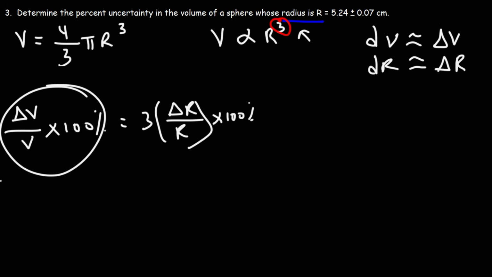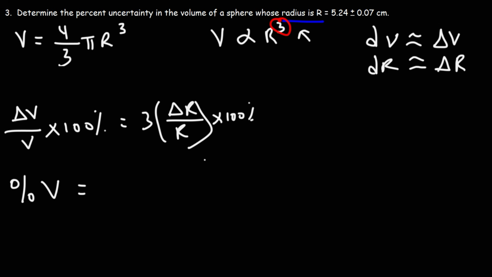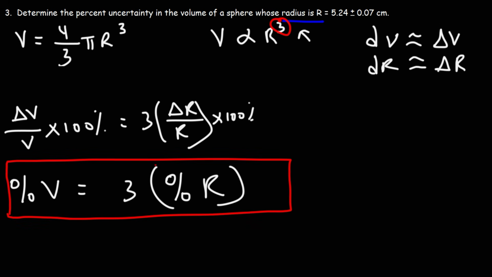So this whole thing is equivalent to the percent uncertainty in the volume. Here we have the uncertainty in r divided by the measured value of r times 100%. So that equates to the percent uncertainty in r. And then times 3. So that's why that particular formula works. So in this problem, if you calculate the percent uncertainty in the radius, all you need to do is multiply that by 3 to get the percent uncertainty in the volume, because the volume is proportional to r cubed.